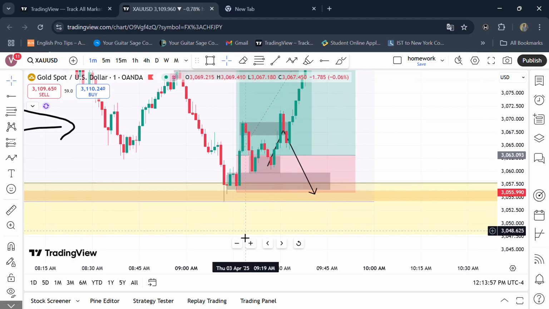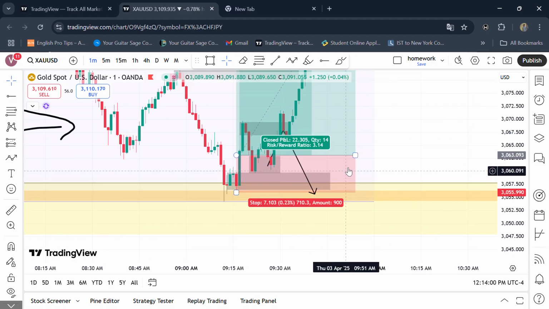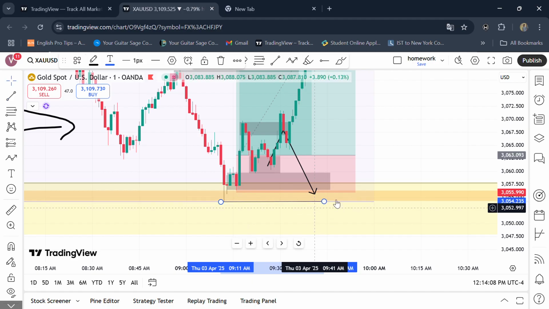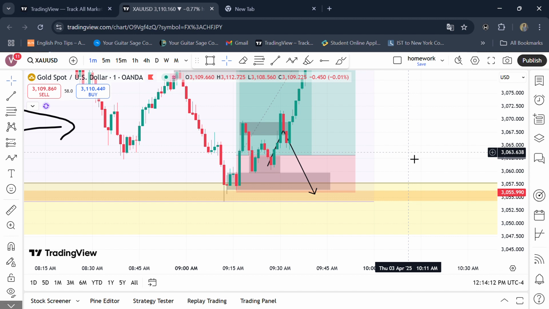There is no hope for us for a retracement. Yes, there was a possibility of a Judah swing, but our point was to retain our profits and minimize our losses.